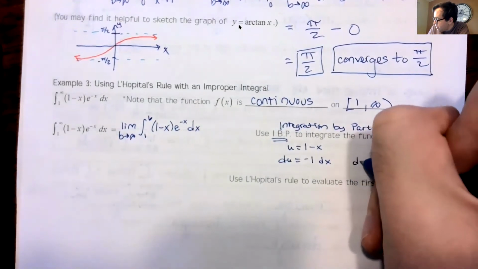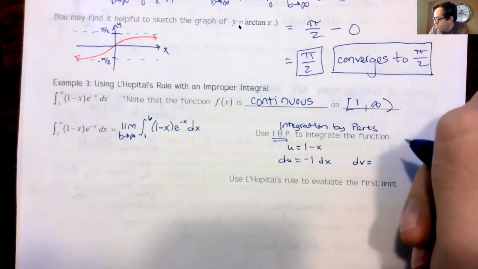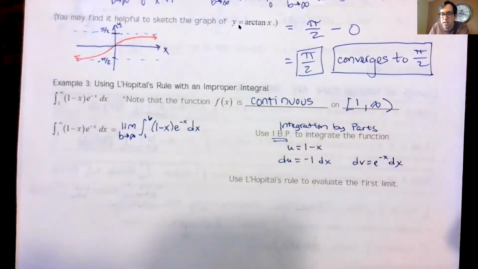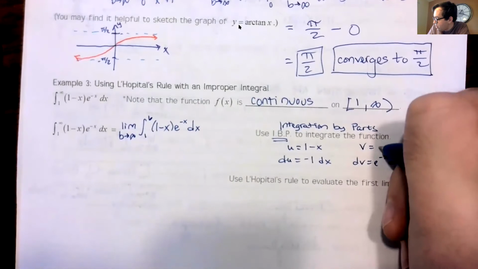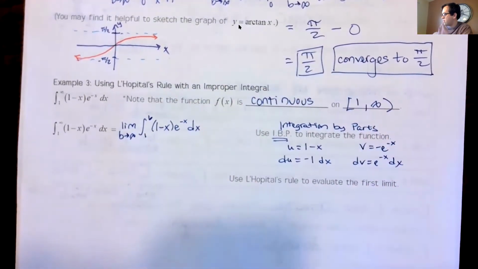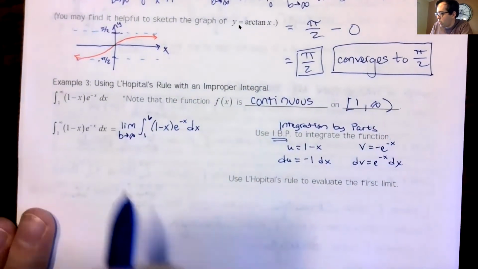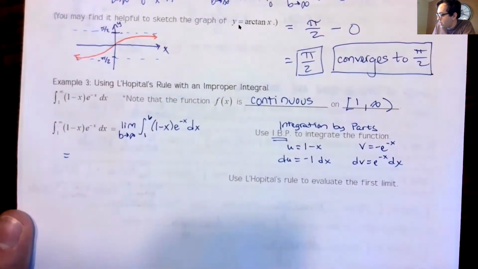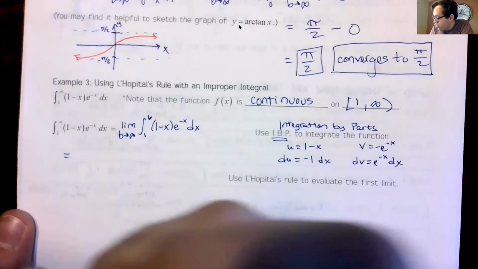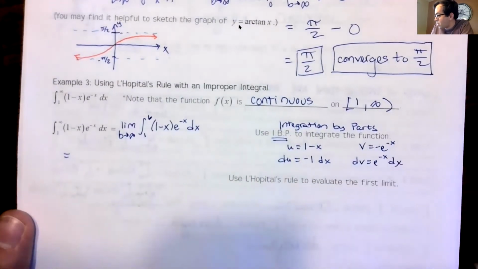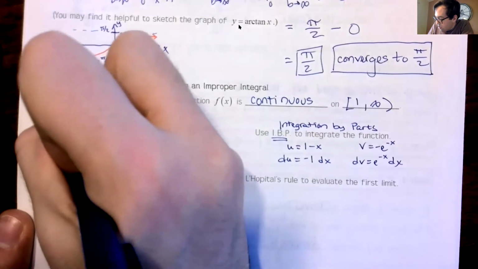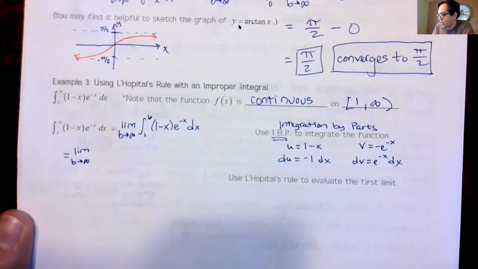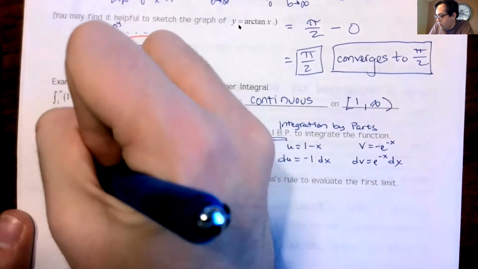Our dv is going to be what? E to the negative x dx. And our v is going to be negative e to the negative x. Okay. So I'm going to rewrite this using ultraviolet voodoo, uv minus the integral of v du. So first of all, I should rewrite this limit. So it's going to be the limit as b approaches infinity of the whole thing.